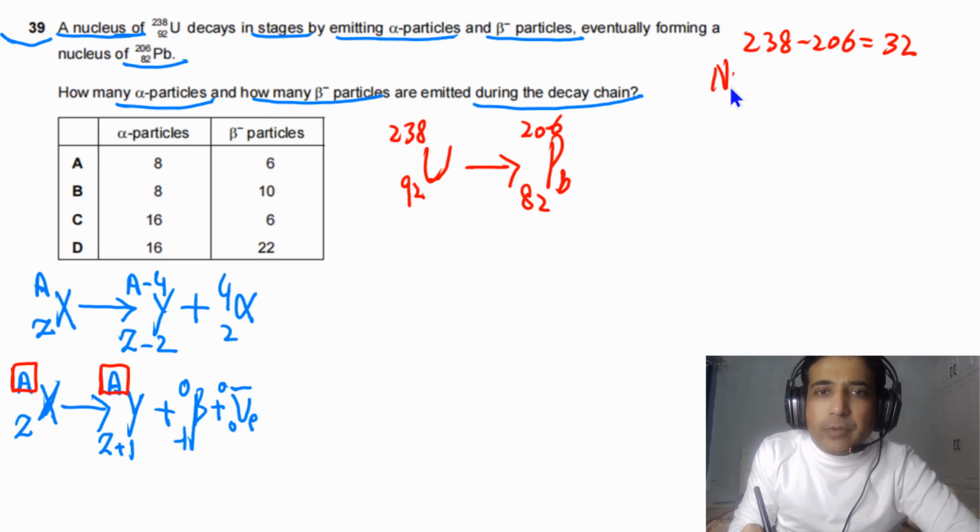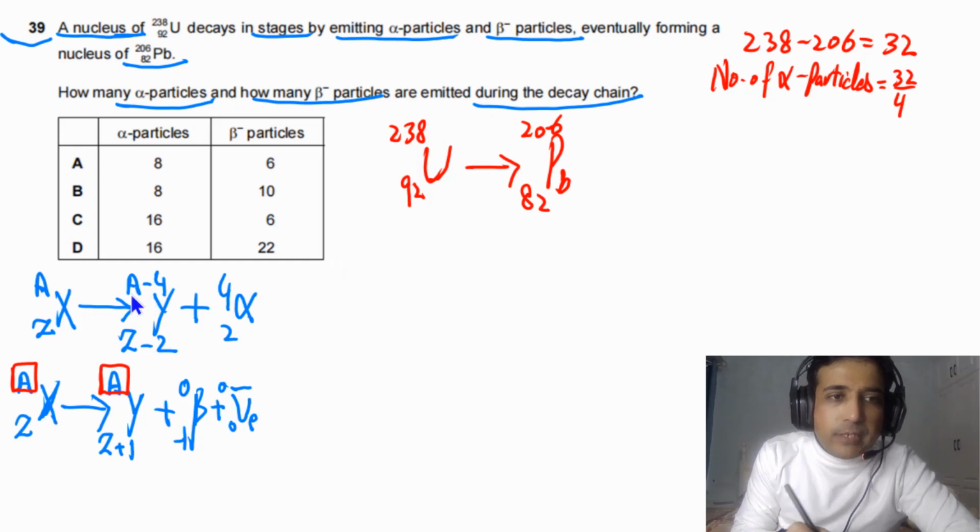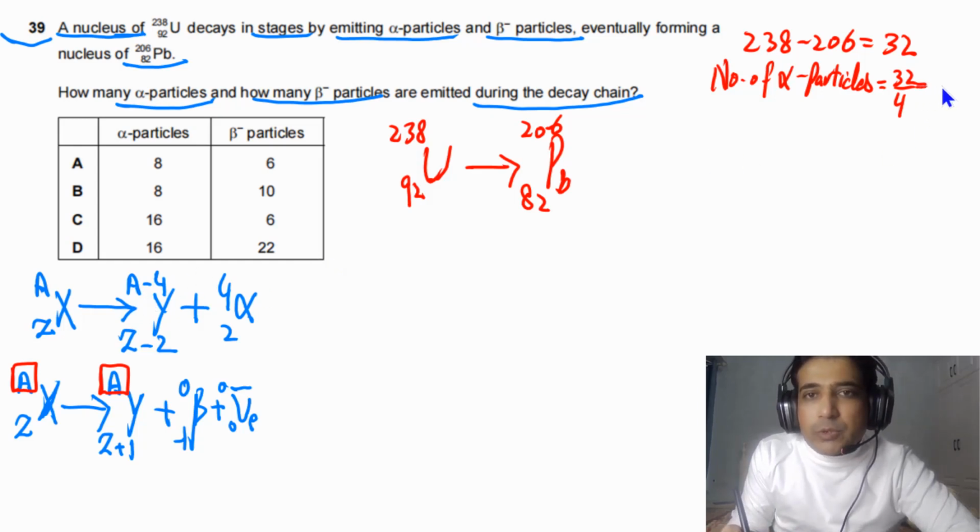So we can find the number of alpha particles emitted. They have to be 8, because in one alpha decay the mass number decreases by 4. So there have to be 8 alpha particles.